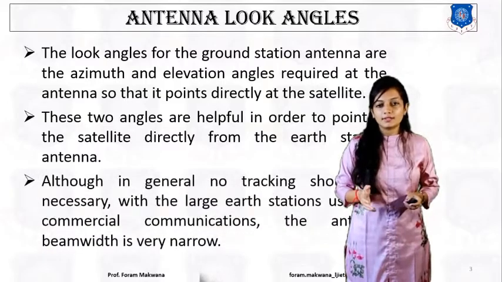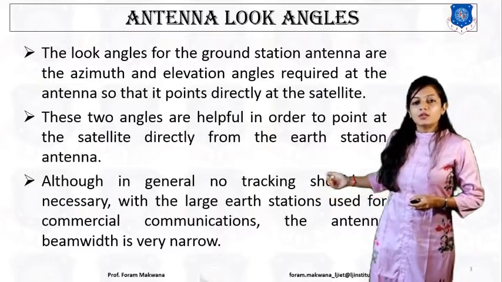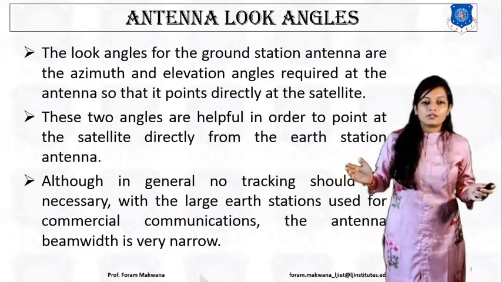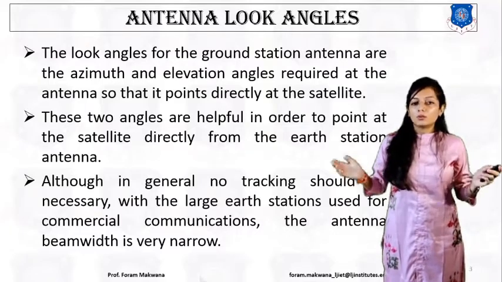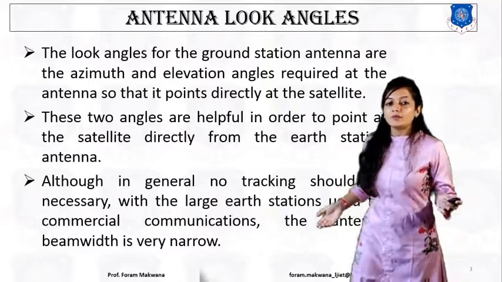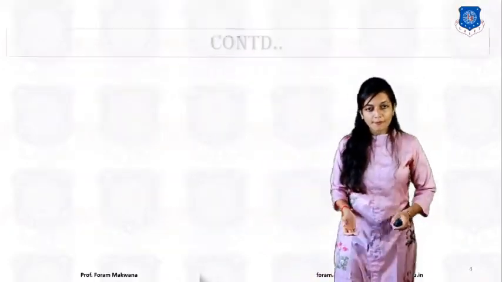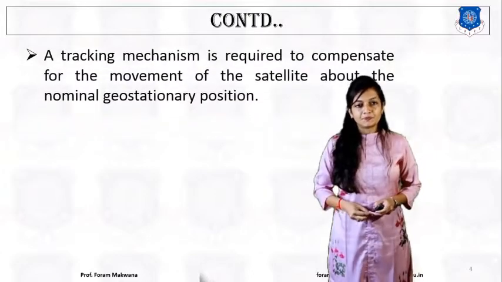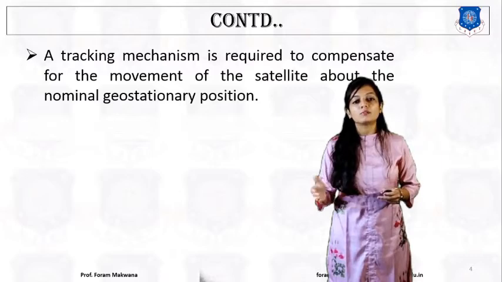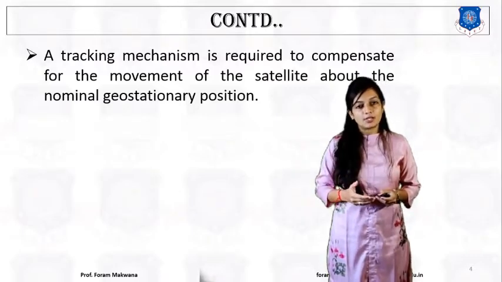We have already seen that, in general, no tracking should be necessary with the large earth station used for commercial communication. Why? Because the antenna beamwidth is very narrow. So the tracking mechanism is required to compensate for the movement of the satellite about the nominal geostationary position.